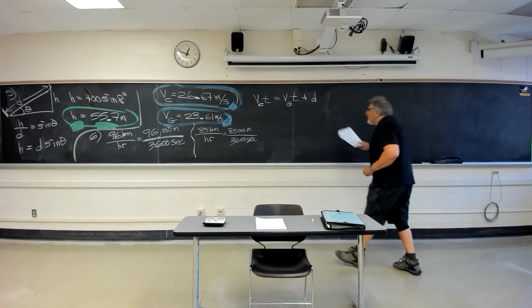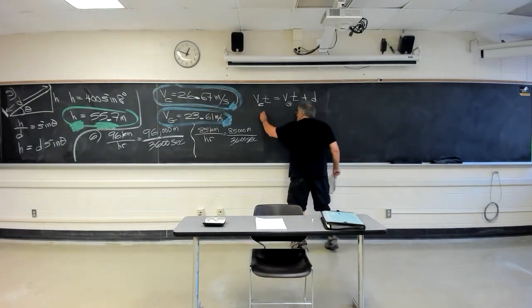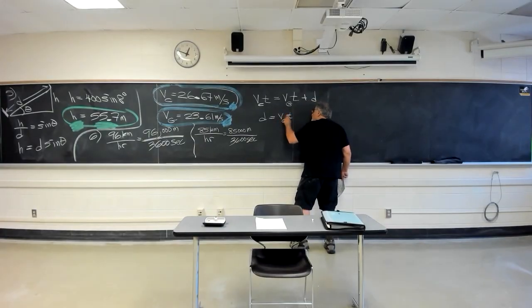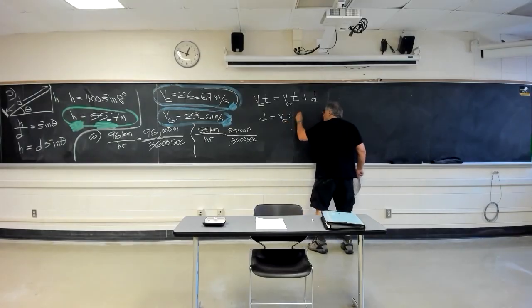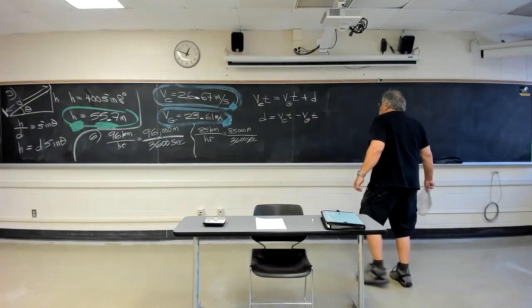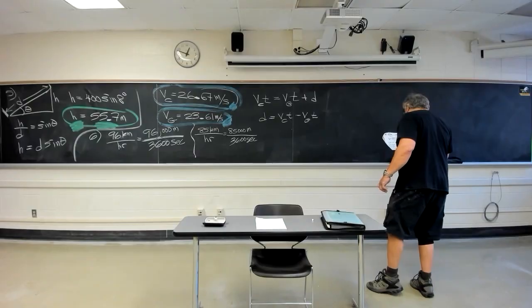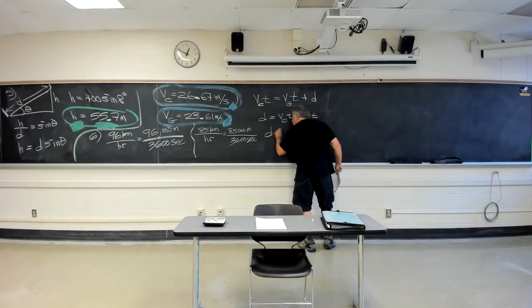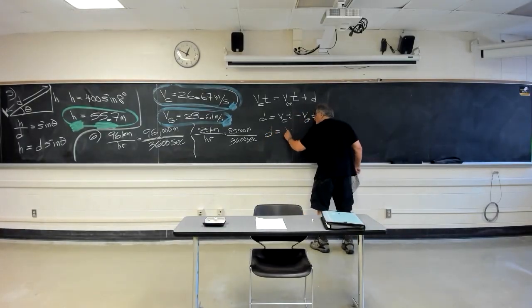So you look at it, you say, okay, that's how I'm going to play it. Let me see what d is. What's the minimum distance he can be in front? Let me subtract v sub g t on each side. So you're looking at something like this. You got that right there. So what's going to happen is d is going to be, factor out the t.